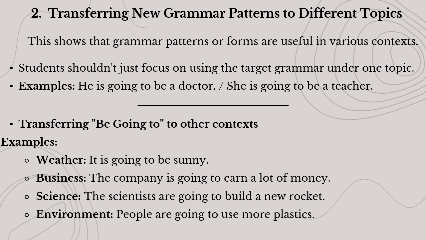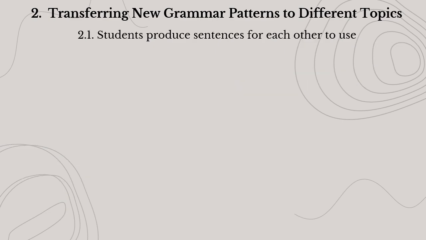Also, teachers should give students opportunities to produce sentences using the target grammar under many topics too. They are learning at that moment, so we should get them to produce at that moment. While you are asking students to produce sentences, you can make that into an activity where they produce sentences for each other to use.